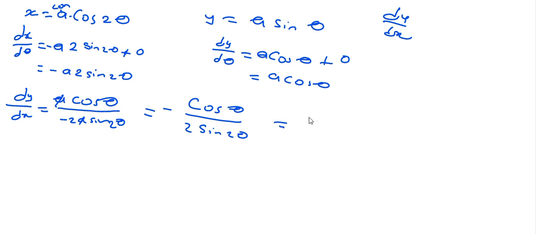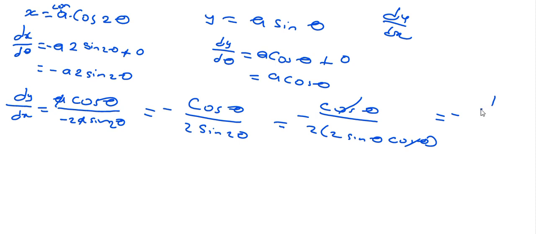We're going to express it. We're going to say cos theta divided by 2 into 2 sine theta cos theta. So this will go away, and then you're going to be left with negative 1 over 4 sine theta. So remember, this gives us our negative 1 over 4 cosec theta.